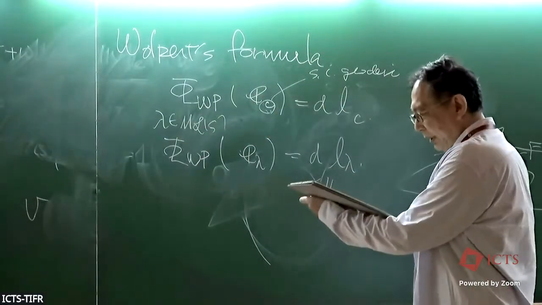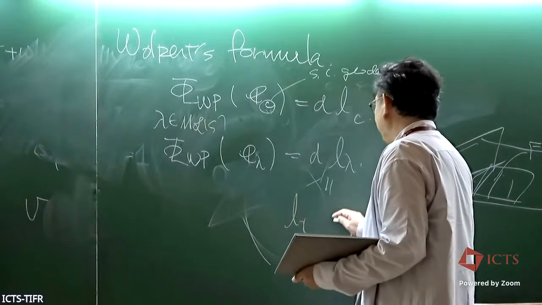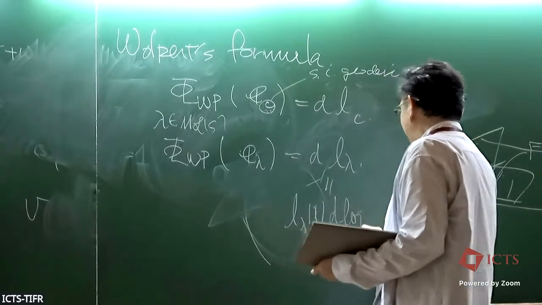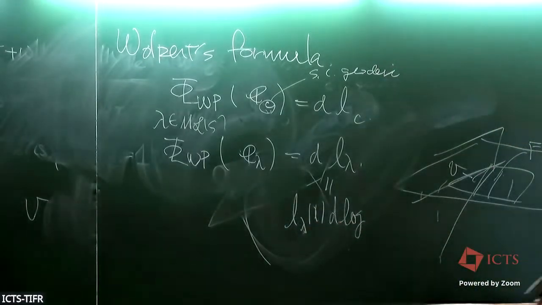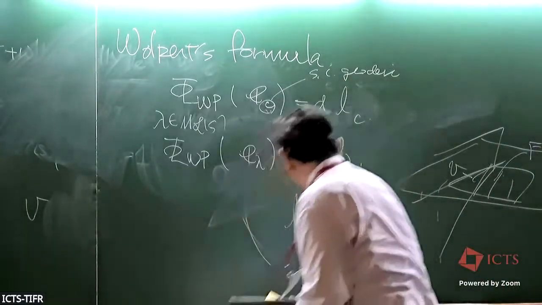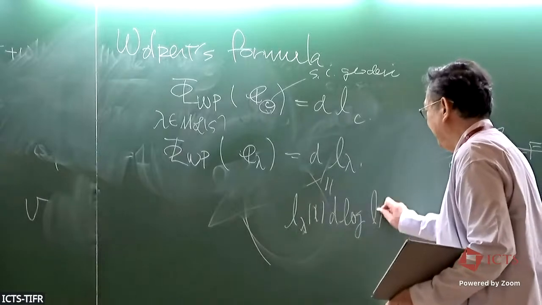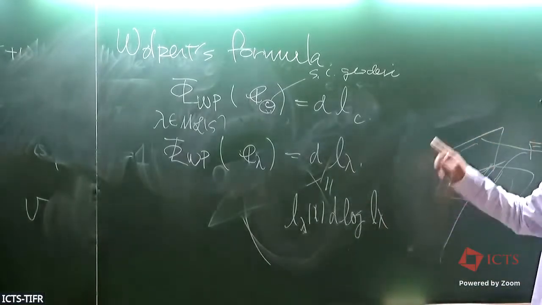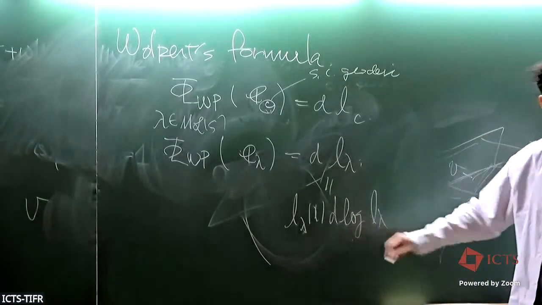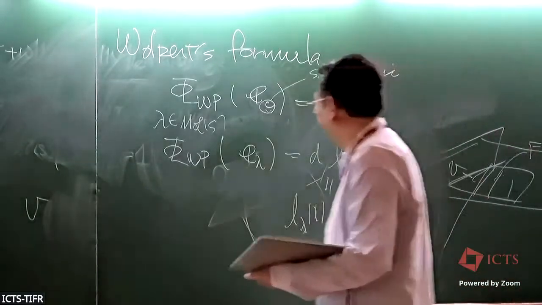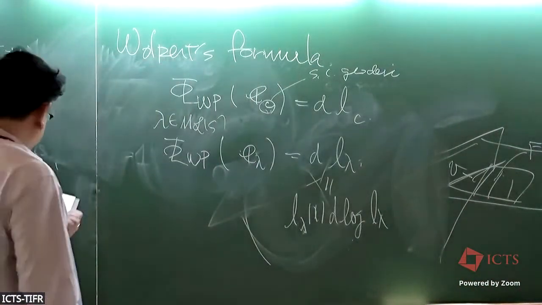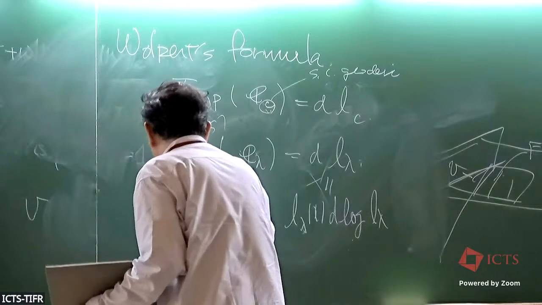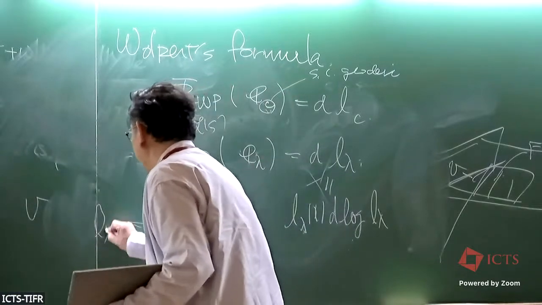By definition, the derivative of log L lambda is equal to the derivative of L lambda divided by the length. So this is equal to that. Here we recall that the norm of this one was equal to the length.